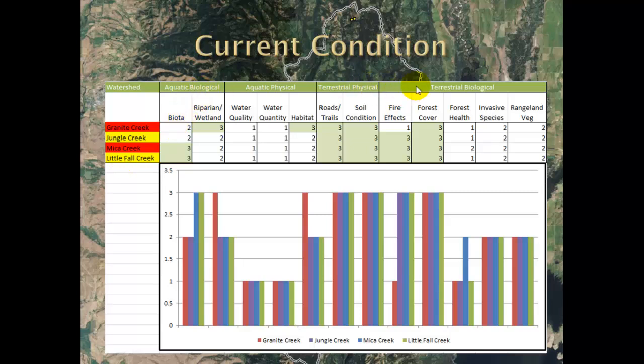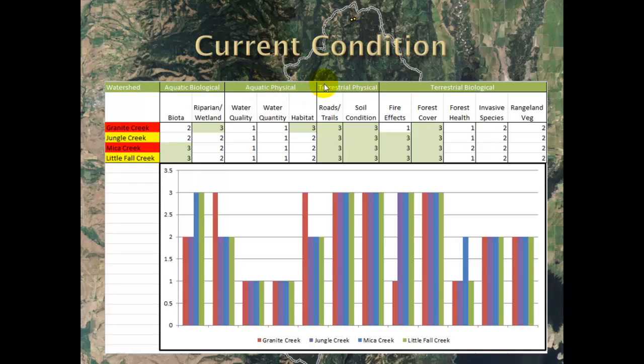Should add that there is a weighting here, that the terrestrial biological, even though it has 5 different indicators, in calculating the weighted average, these 5 are weighted at 10% because they're considered an indirect impact on watershed condition.